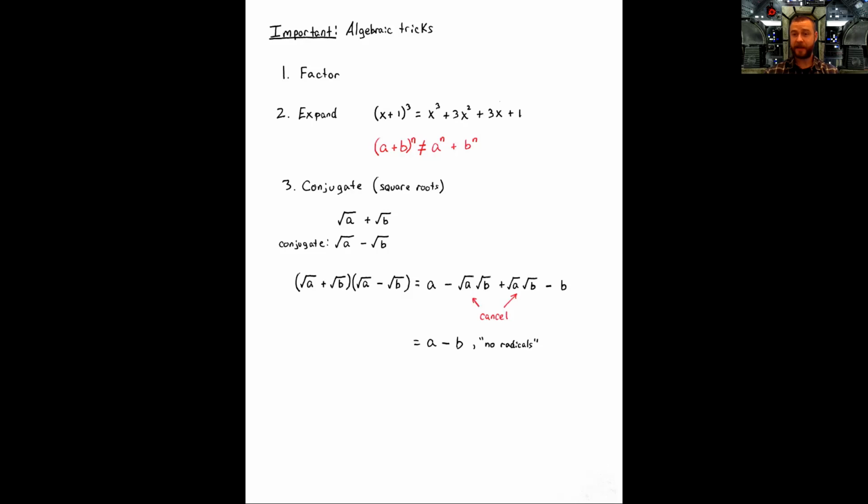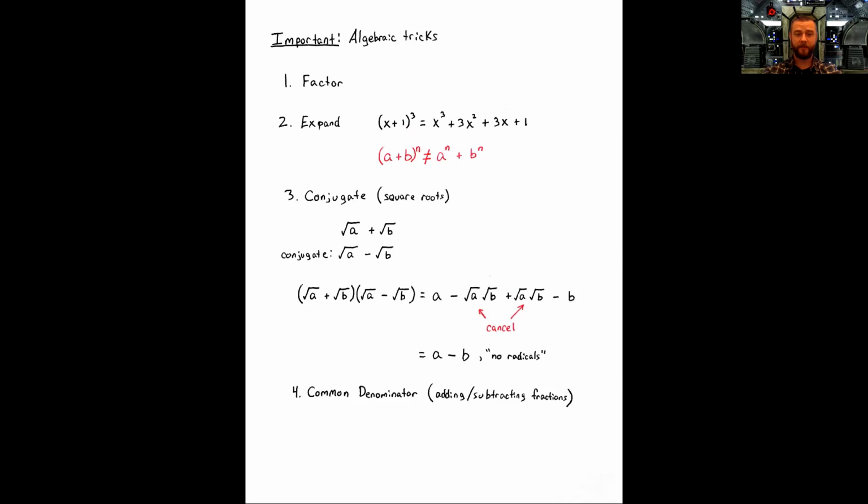Multiplying and dividing by the same thing is multiplying by 1. Multiplying by 1 doesn't change anything. And then a kind of last topic, or trick, that we'll be getting to is using a common denominator, which typically will be applied when we're adding or subtracting fractions.